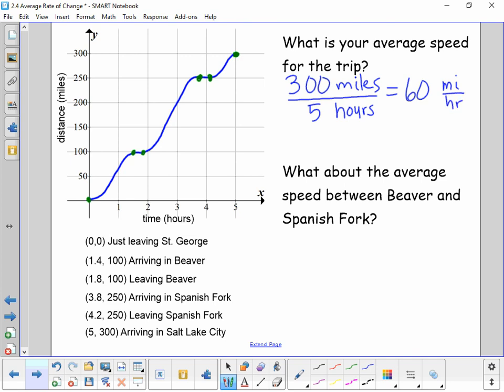Now maybe that's a little bit slower than you thought it would be, or maybe you're thinking to yourself, I hope people aren't driving 60 miles per hour on the freeway. But that 60 miles per hour is just the average speed.